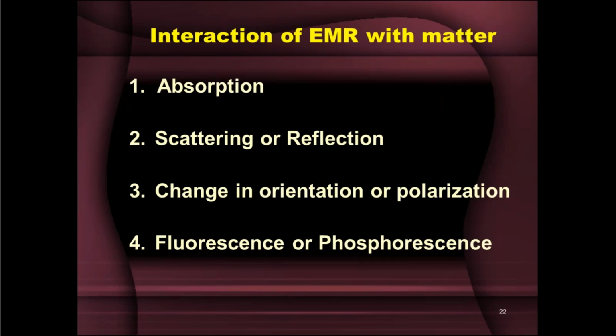This comprises fluorescence or phosphorescence, and this again you will be studying in detail in fluorimetry. What is the difference between the two, etc. So this is emission phenomena. So these are the four possibilities that can take place when electromagnetic radiation interacts with matter. Each of these you will be studying more in detail in the concerned chapters.